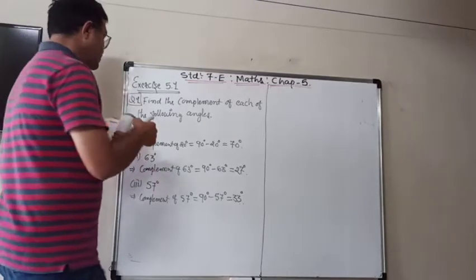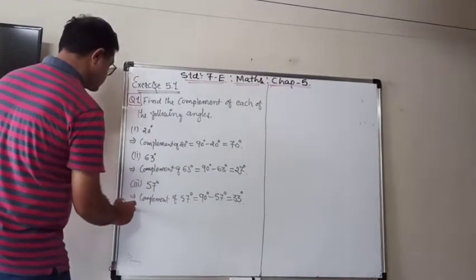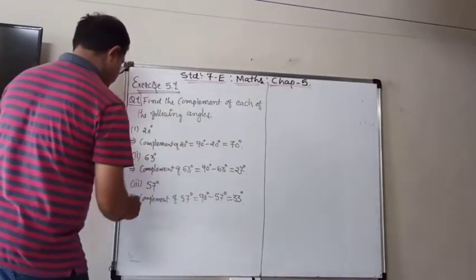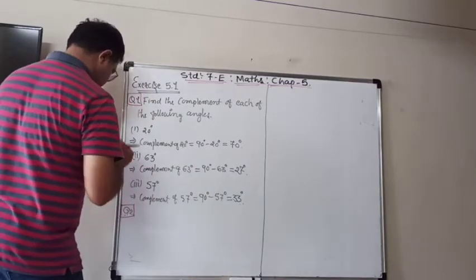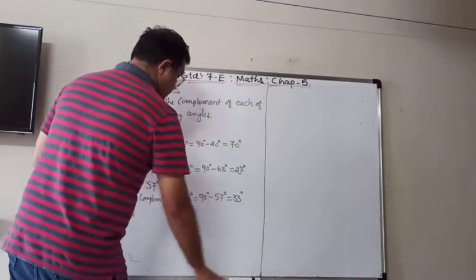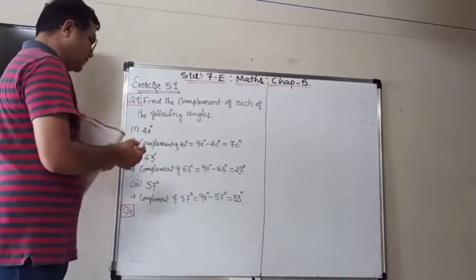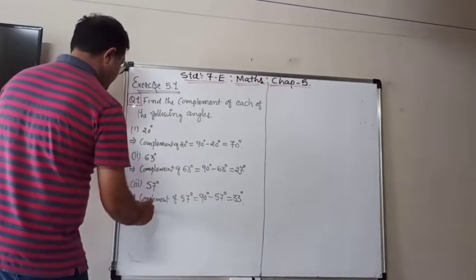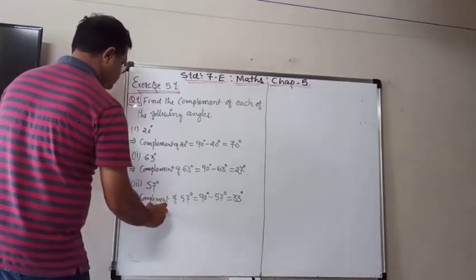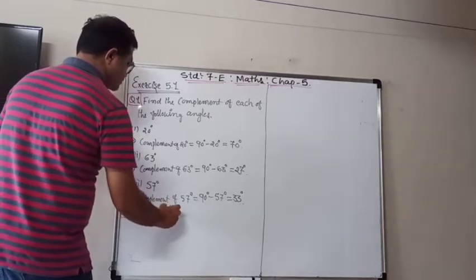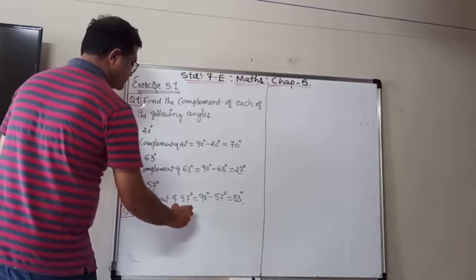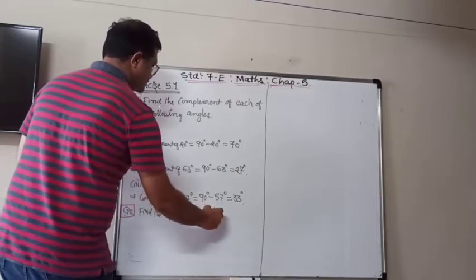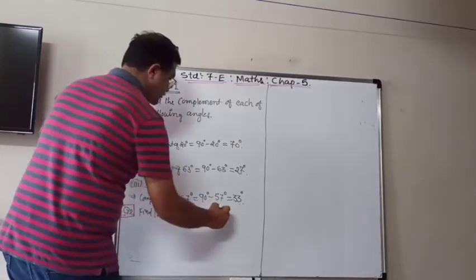Now question number 2. Question number 2 is also the same, but in place of complement we have to find the supplement. So find the supplement of each of the following angles.